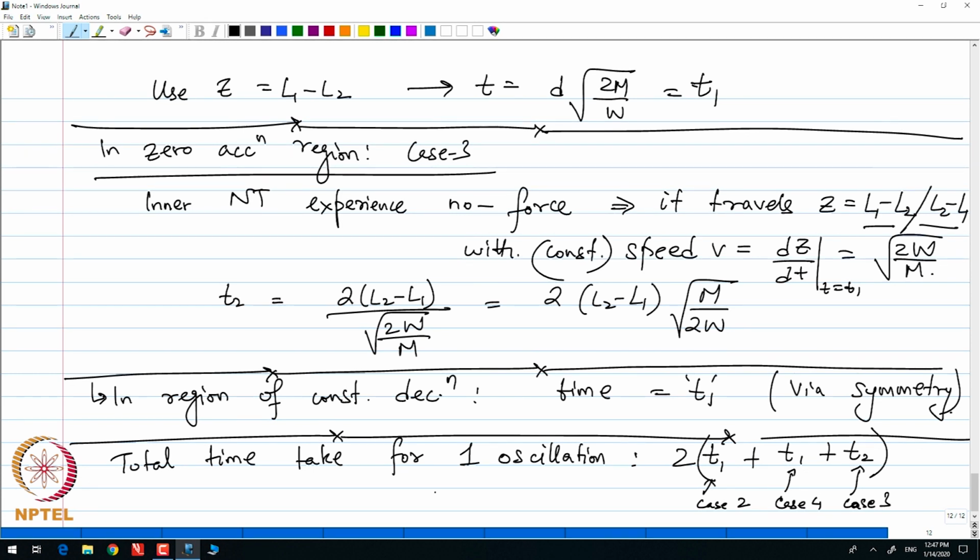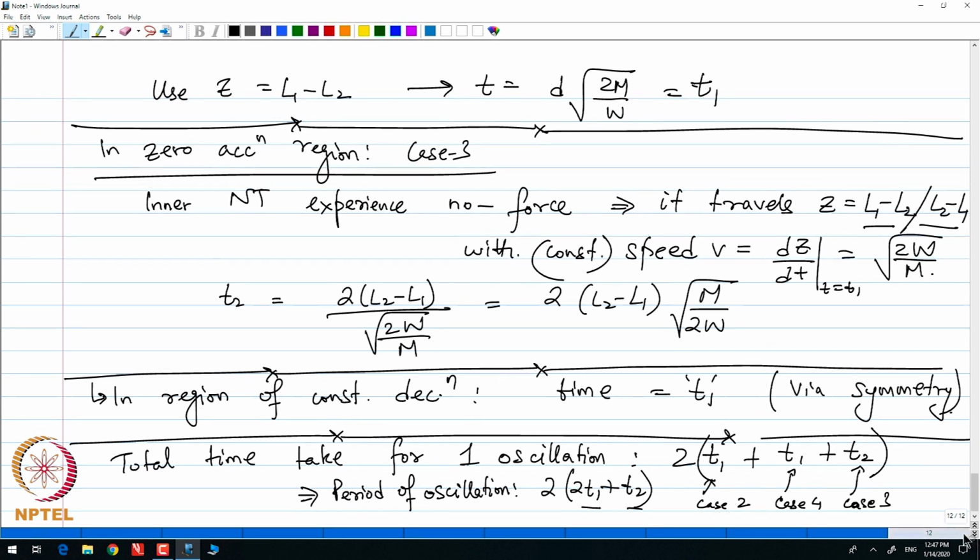So, now we have that the total period of oscillation becomes 2 times (2T1 plus T2), which is also equal to 4T1 plus 2T2, and we can plug in all the values of T1 and T2 we have found.